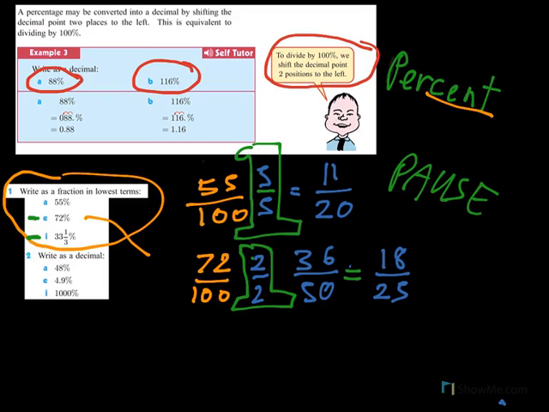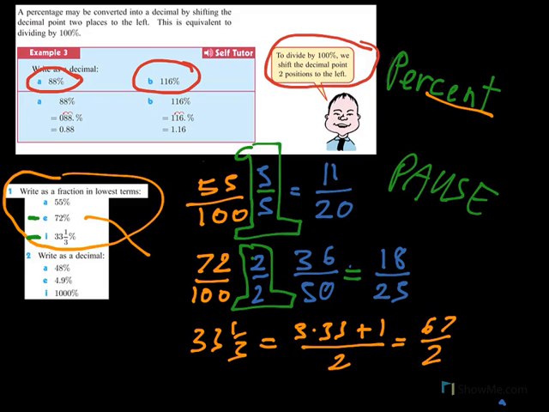Let's do 33 1/3%. Okay, 33 1/3. Let's take this from a mixed fraction to an improper fraction, and we do this by multiplying 3 times 33 plus 1 over 3, which equals 100/3. We take 100/3 and we divide it by 100, or we multiply it by the reciprocal of 100, putting 100 on the bottom.